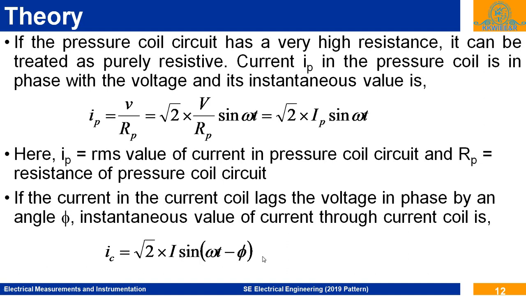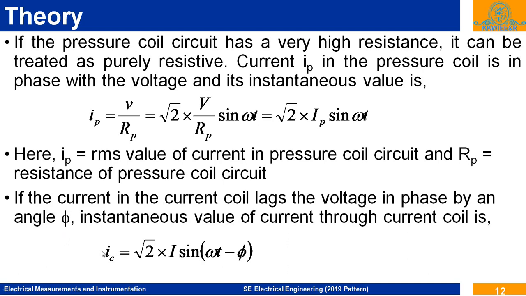We have to measure the current, and this current lags behind the supply voltage depending on the nature of the load. The current in the current coil lags the voltage by a phase angle phi.